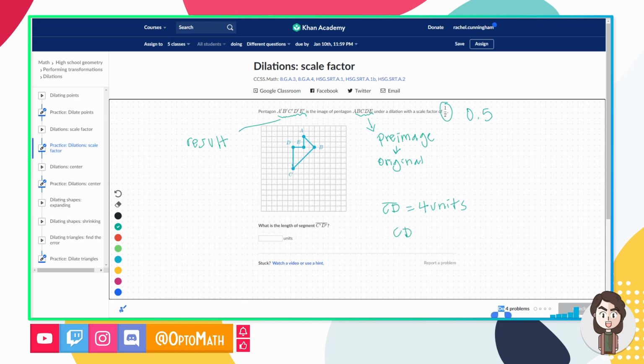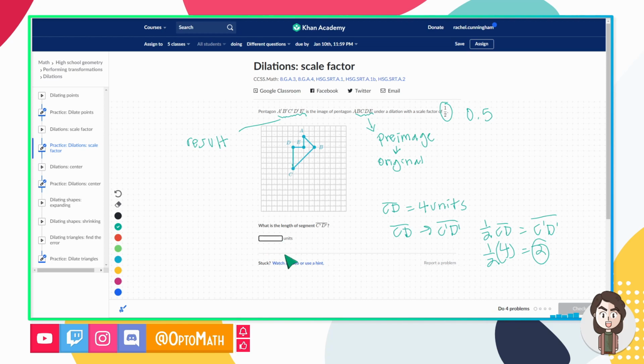So from CD to C prime, D prime, we have to go half as big. So we can say that 1/2 times CD equals C prime, D prime. What is CD? It's 4 units, and half of that is 2. So 2 is our answer.